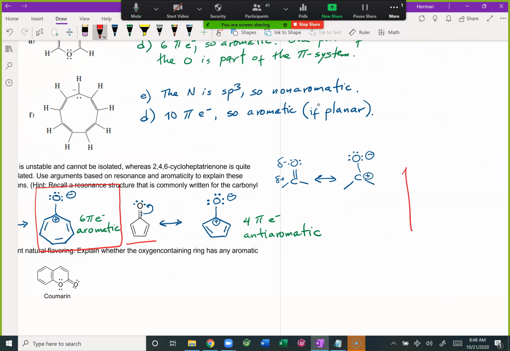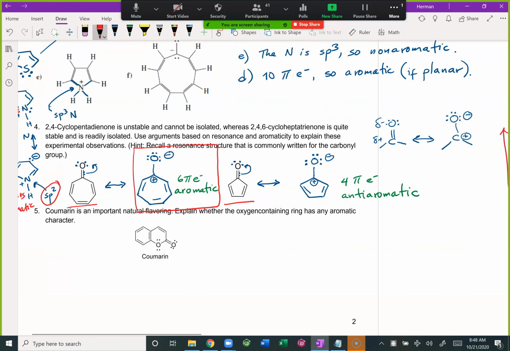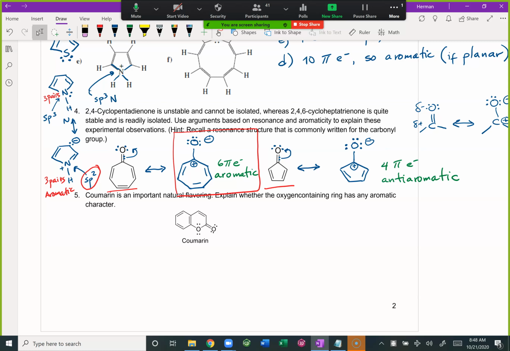So on the energy levels, aromatic is lower than non-aromatic, and then the highest is anti-aromatic. All right, very good. Let's do the next one.